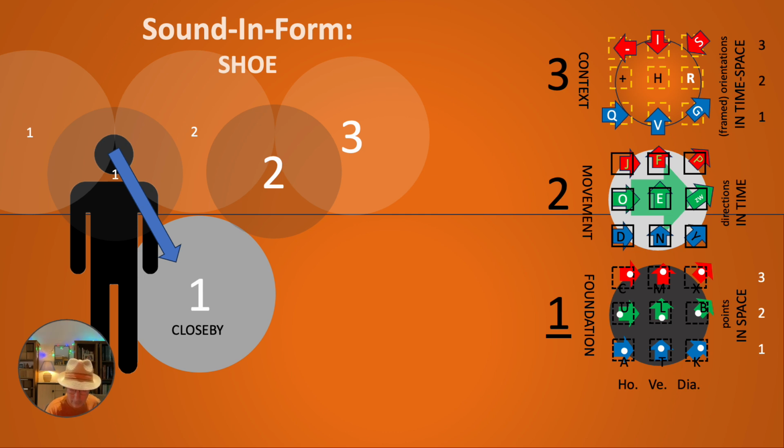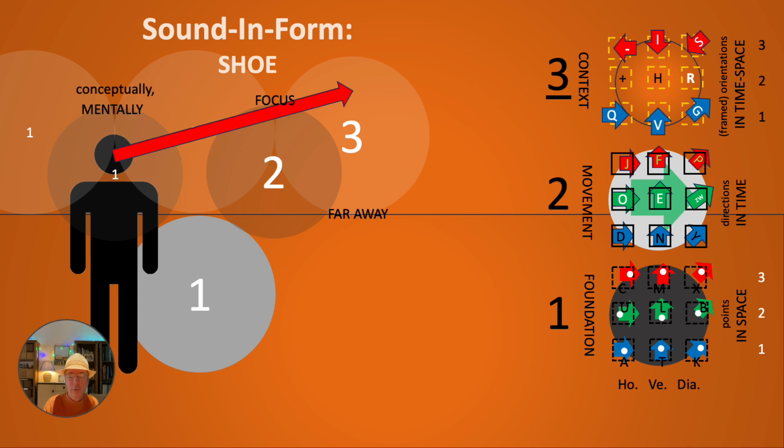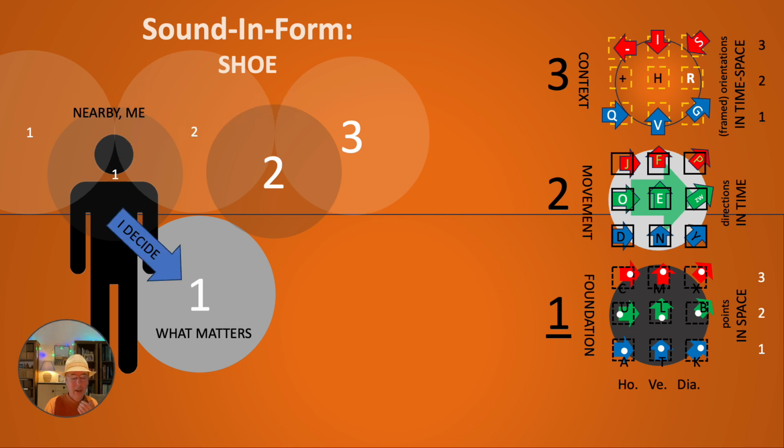So let's have the first idea which I emphasize very much. We have that close by thing. You have that thing that is away, so you move towards it, or which is far away. And that concept is about the focus. So you focus upon something which you take a distance from yourself mentally, conceptually, and that's another way to work with it.